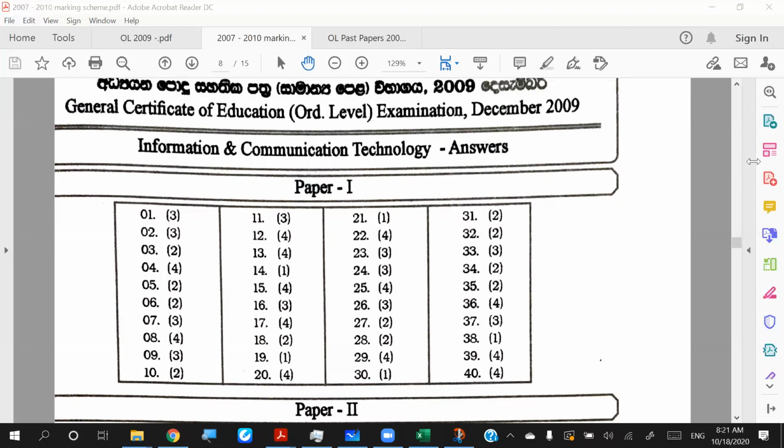So let's practice. Don't bother about it, right? And Lalindi, you have said 5, 23, 32, and 35. Right. Okay, let's go through.